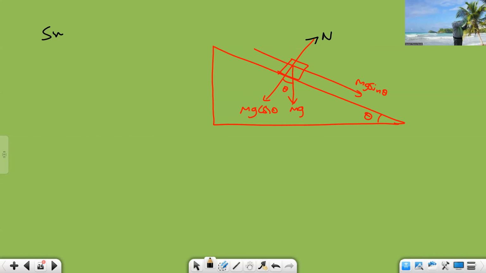Suppose they told it is a smooth inclined plane. When it's a smooth inclined plane, how to handle this one?